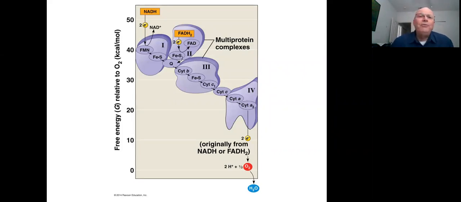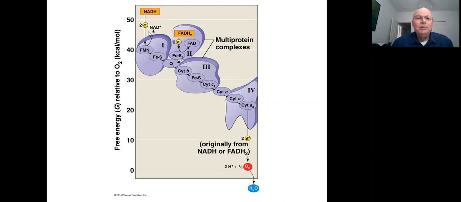We are moving from NADH with weak electronegativity, but high potential energy, sequentially to more and more electronegative and therefore lower and lower free energy situations or protein complexes.